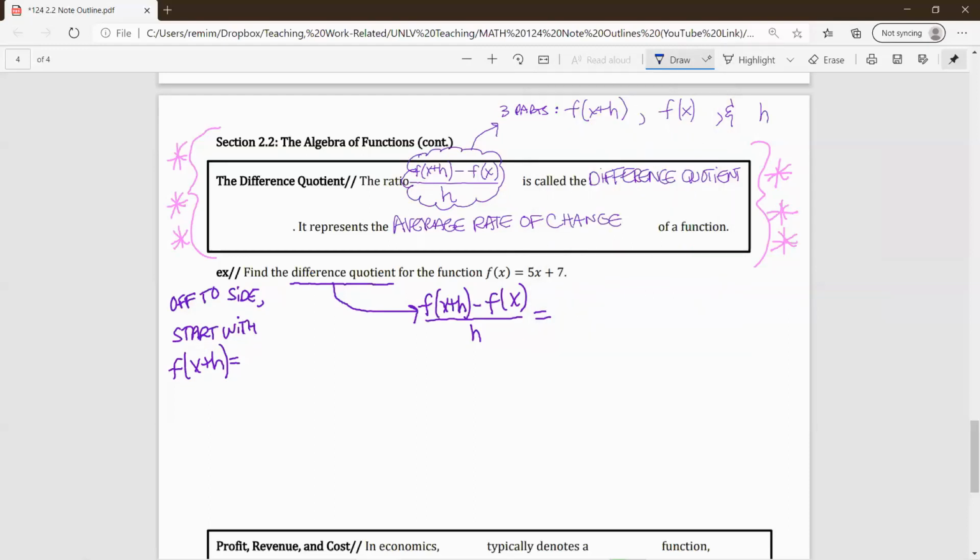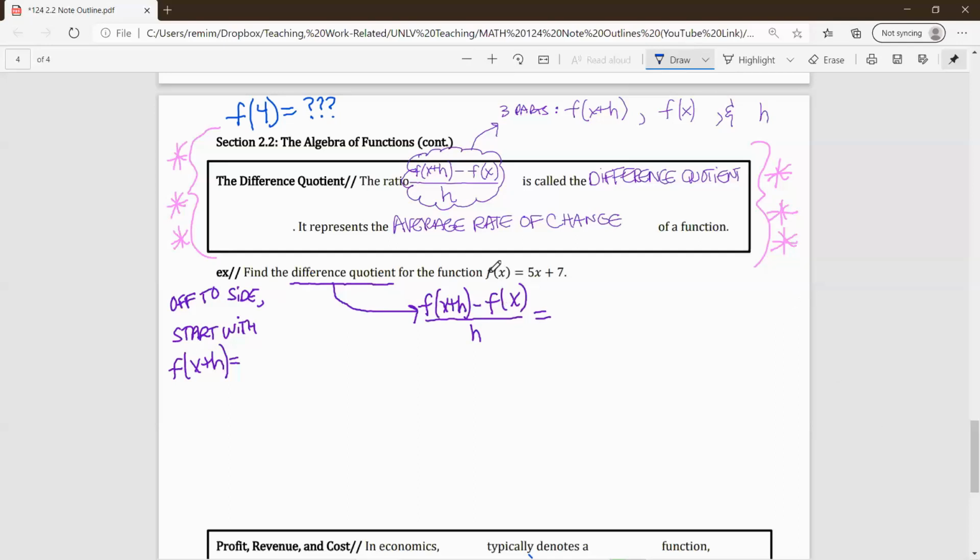Up at the top here, let's pretend that this is a totally different question. What if they were just asking you to find f of 4? If that was all they were asking you to do here, how would you approach that problem?